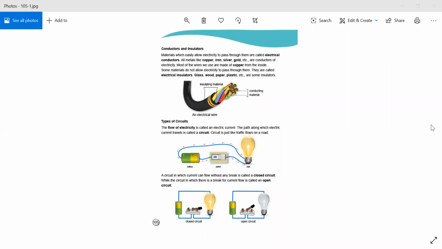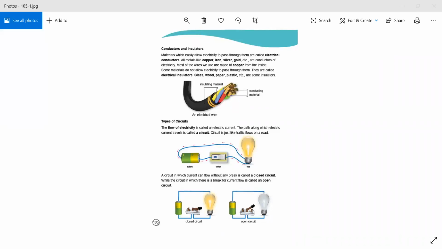The flow of electricity is called an electric current, and the path, the way along which electric current travels, is called a circuit. A circuit is just like traffic flowing on a road. For example, traffic is flowing on a road. It is just like that. Similarly, the electric current is traveling in a circuit, so it is called a circuit.